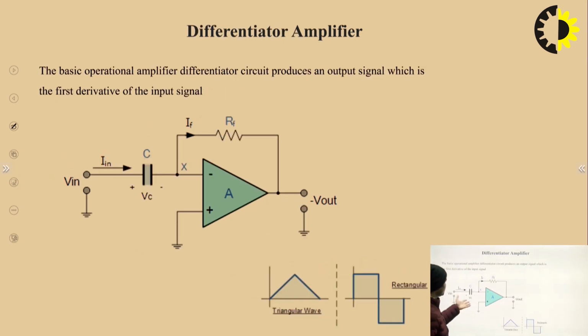And this is the differentiator diagram, and in the differentiator circuit, if you apply a triangular wave, you will get a rectangular wave at the output. You can prove it in electronics labs also.